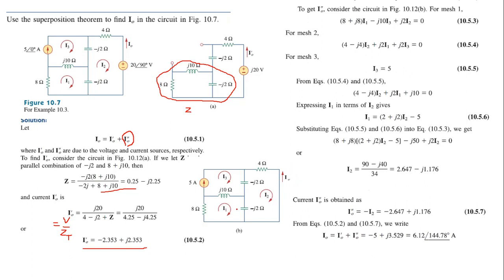The circuit considered here has 3 meshes. So this is mesh 1 with current I1, this is mesh 2 with current I2, and this is mesh 3 with current I3. So apply mesh analysis and write the equations for mesh 1, 2 and 3. Mesh 3 has a current source value of 5 here. So I3 will be equal to 5.